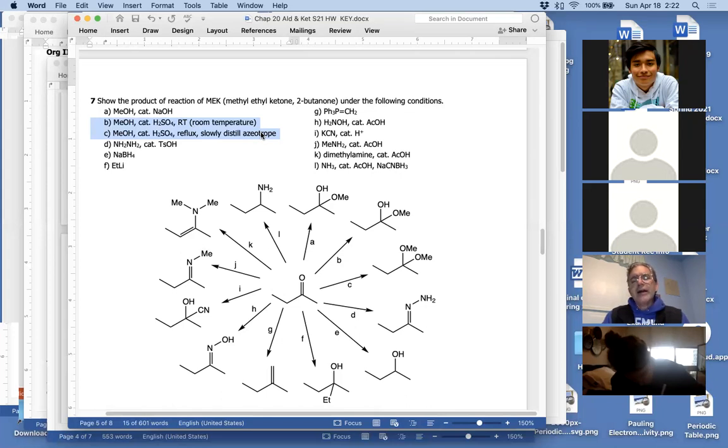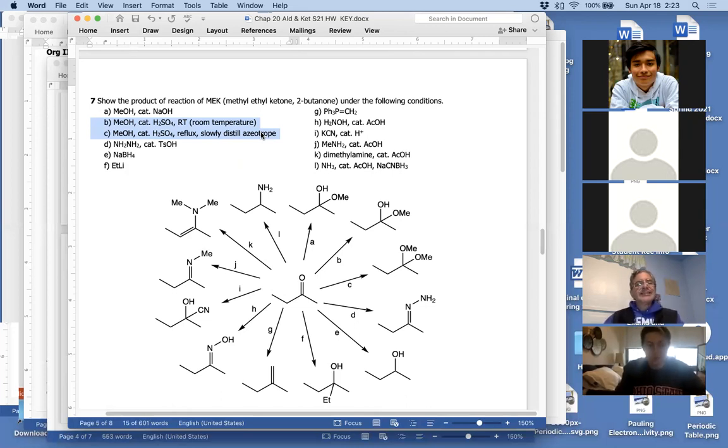It's not a lack of separation, it's an inability to separate by any technique. There is no distillation that can separate water and ethanol if you have 95% ethanol, even though the boiling points are 30 degrees different. But the key in C is that by distilling the azeotrope, you're removing water, which allows you to make the acetal. Okay, all right, thank you.